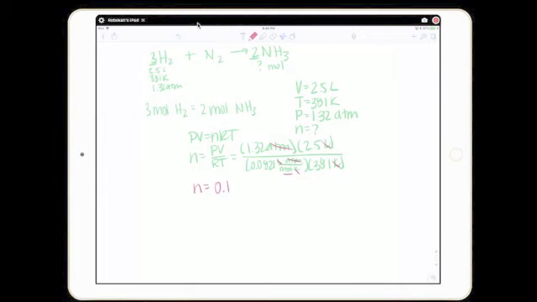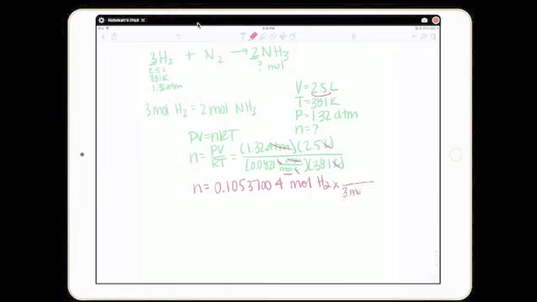The sig figs are 2 here, 0.11 moles. I can probably not round. Let's not round yet. 0.1053704 moles. Okay, so that's how many moles of hydrogen. That's how many moles of hydrogen, not ammonia, which is what I'm asked for.